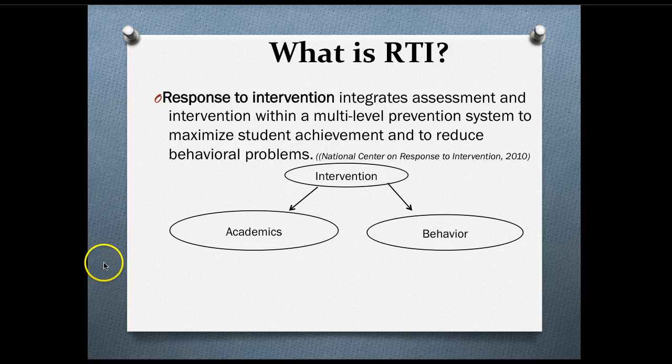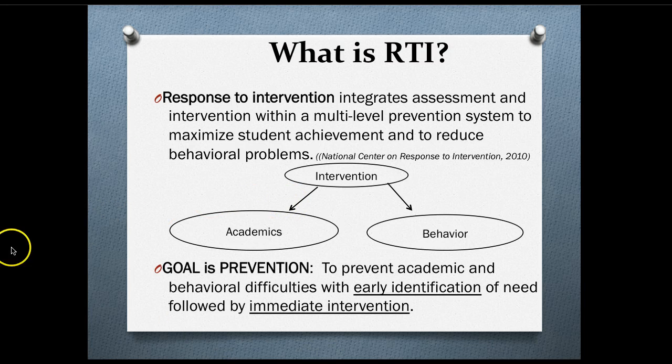Looking here, it's important to note that intervention in RTI isn't just academics, which is what I feel most teachers think it is. It's not solely academics; it can also include behavior. Just think about the classroom management and the behavior system in the classroom. Sometimes that does not work for a percentage of students, and they may need an intervention.